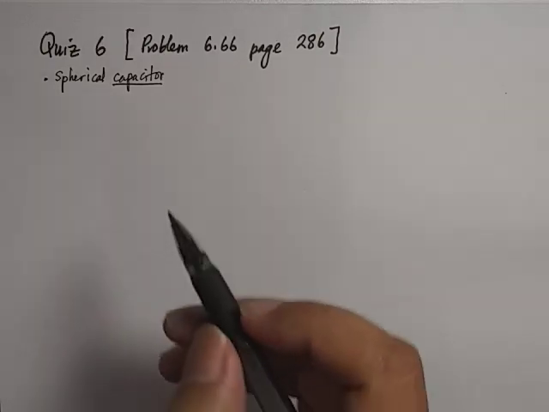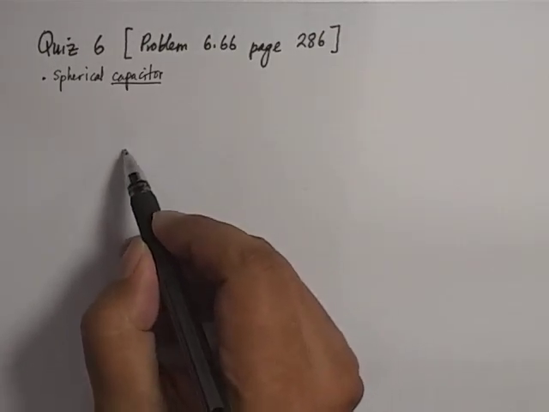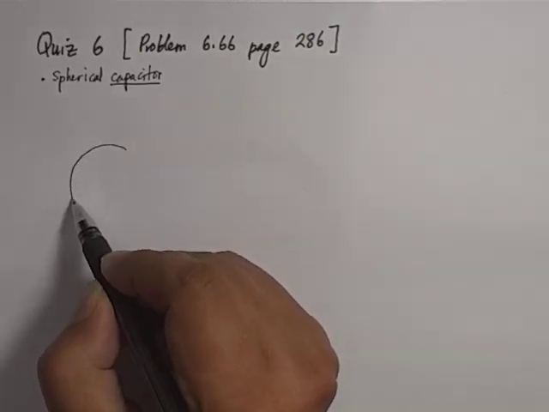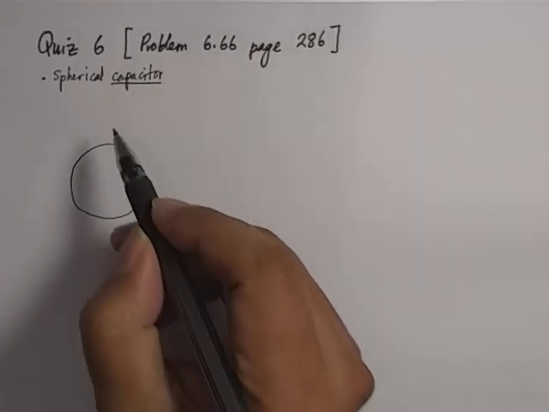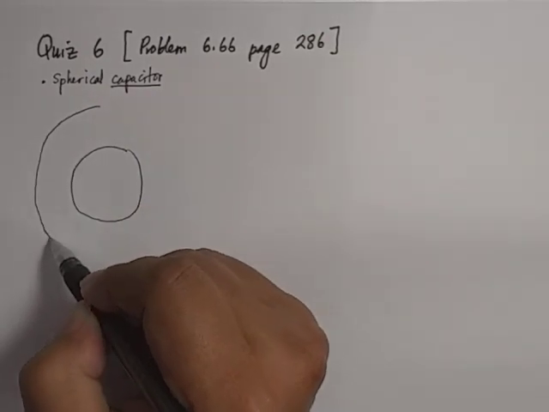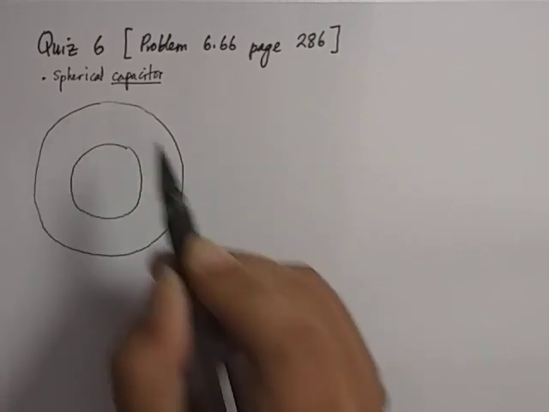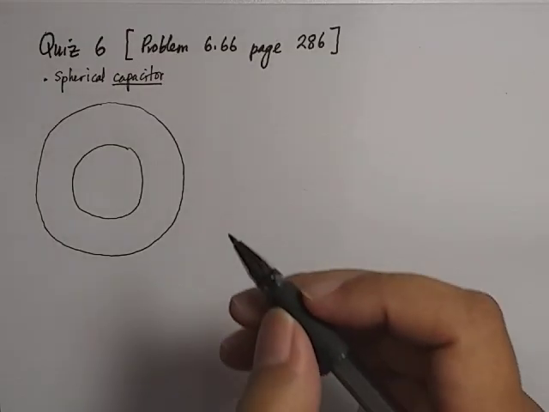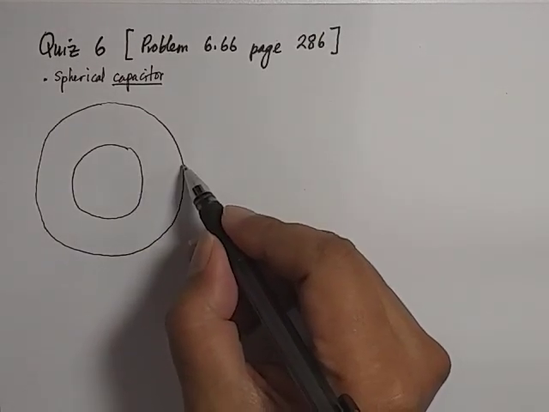With that definition, we should define our Earth structure as shown here. You should have one conductor, which is spherical in shape, and then another conductor, which is another spherical shape. That should be the simplest representation of our spherical capacitor. So this is our first conductor, this is our second conductor.